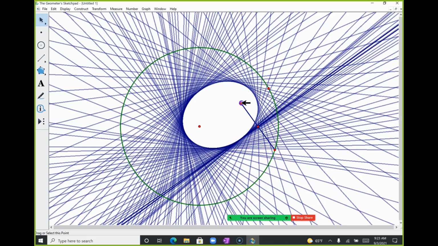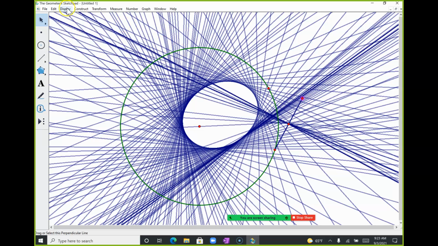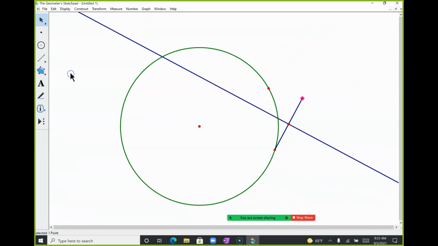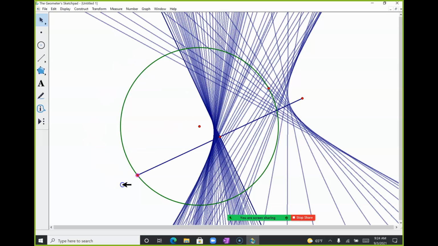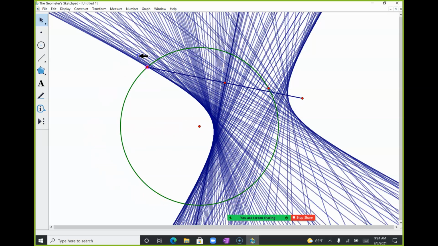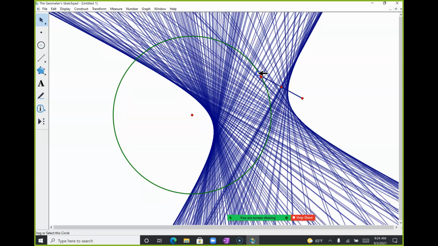If I move that point outside the circle and now move the point, I get that building where Homer Simpson works, the cooling tower for the nuclear power plant. So these are conic sections. We're going to try and get to them at the end of the semester. But very cool that we can use straight lines to create very complicated curves. And that's one of the things we're doing in calculus.